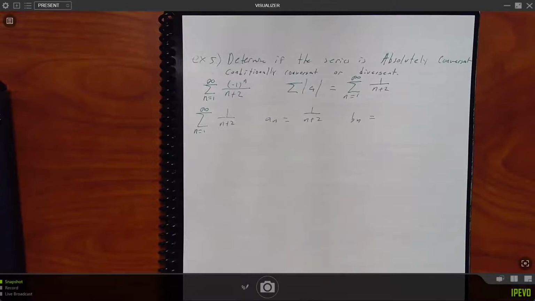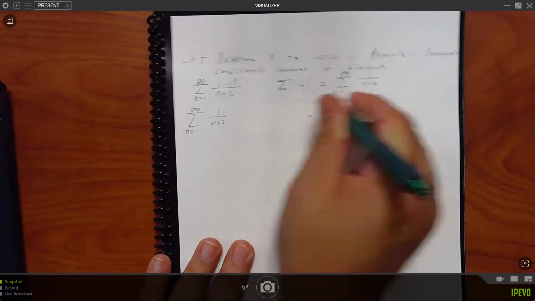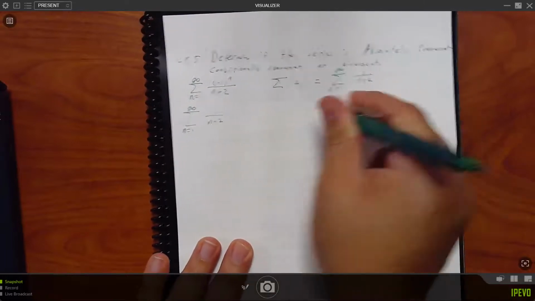Let me make a note up here before I write that. What do you guys think?